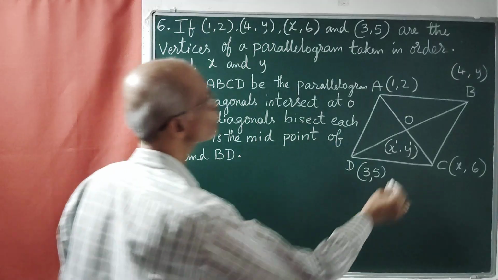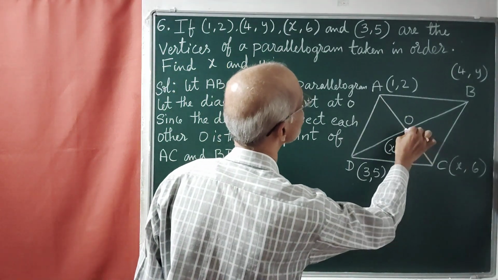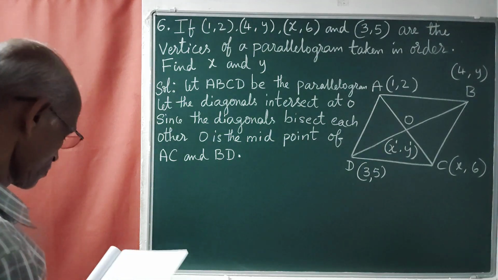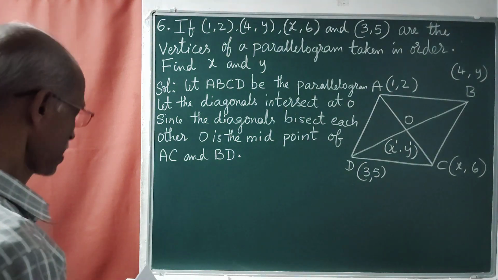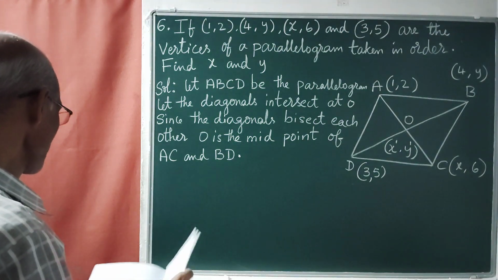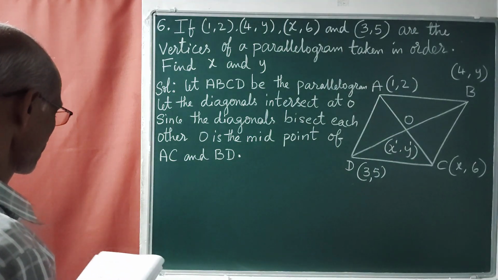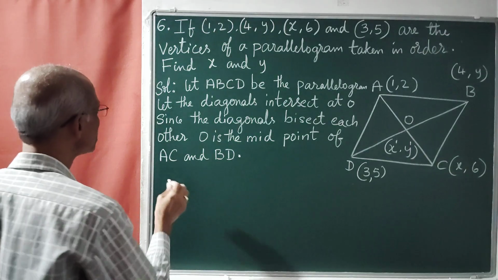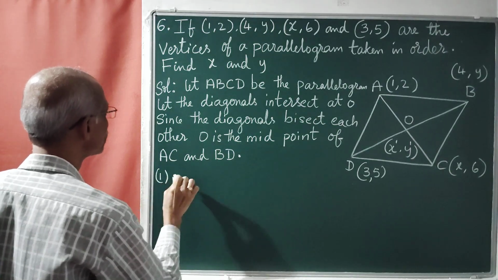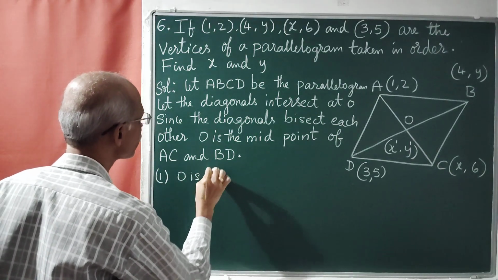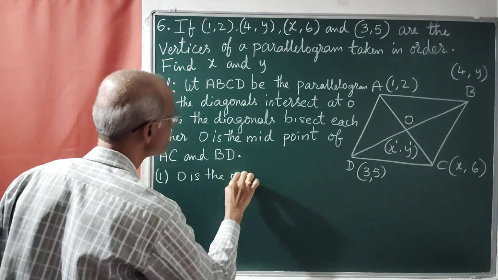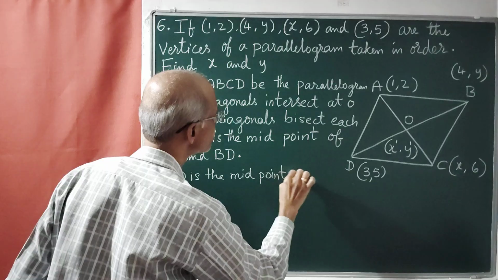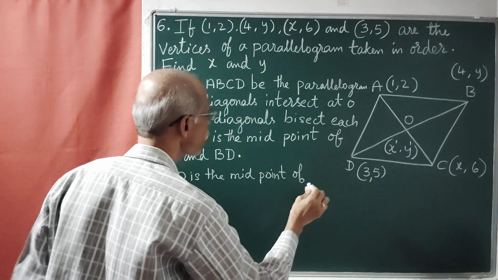So here O is the midpoint of AC, O is also the midpoint of BD. Now, O is the midpoint of AC.